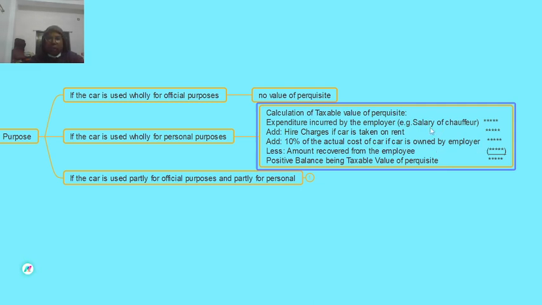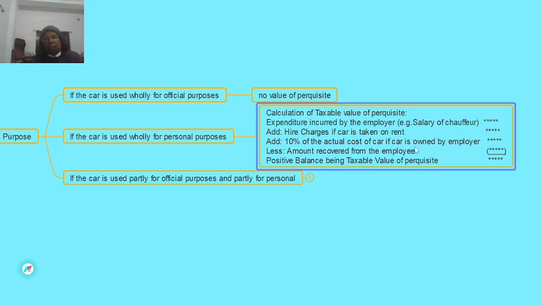If the employer takes the car on hire charges basis, then there need not be a calculation of the 10% of the actual cost. This 10% is actually the depreciation of the actual cost of the car.